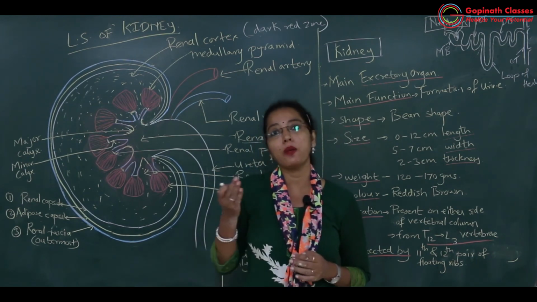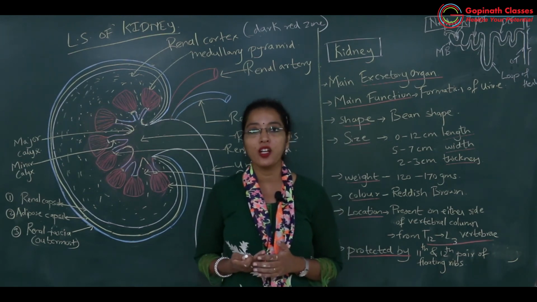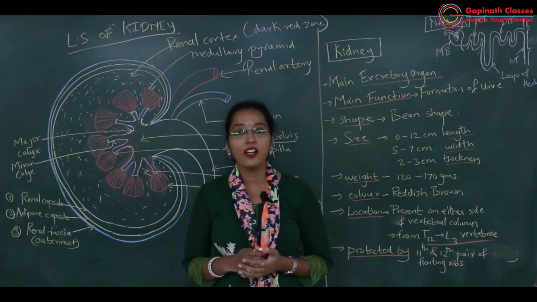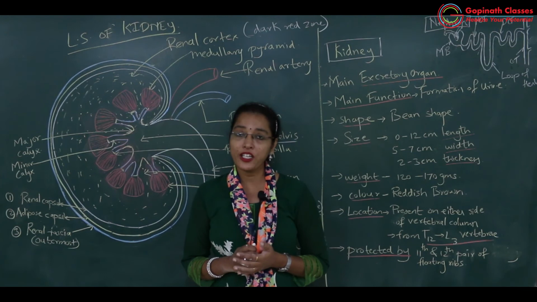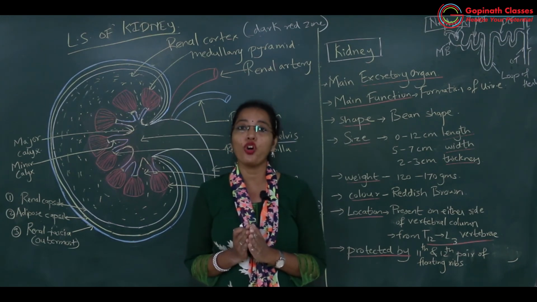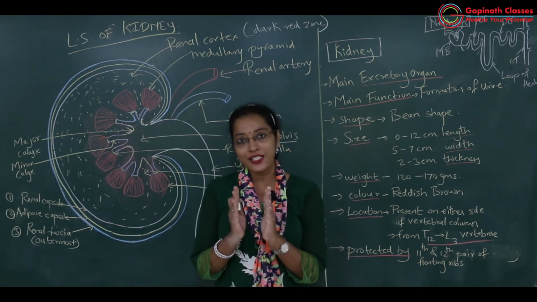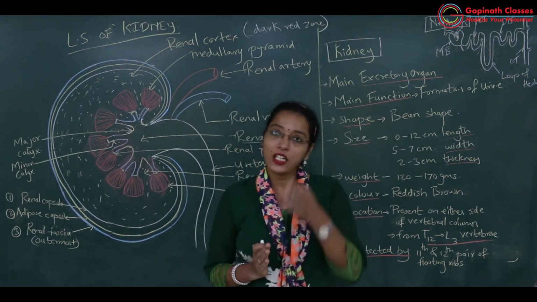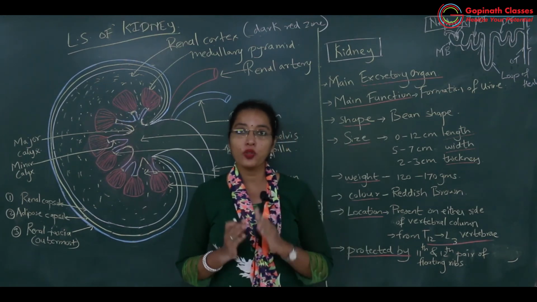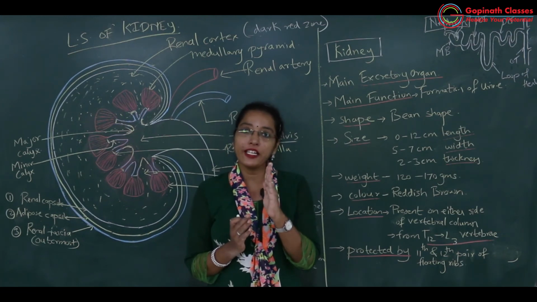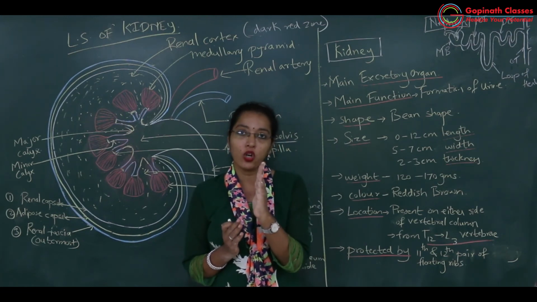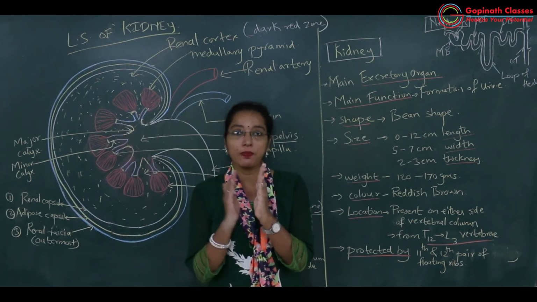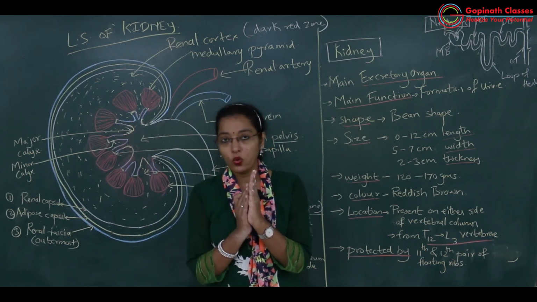Right kidney is slightly lower in position than left kidney because on right side liver is present. Similarly you have to remember the position of the kidneys as far as midline is concerned. In the center is the vertebral column. So remember one thing, left kidney is close to the vertebral column, and right kidney is at a little distance from the vertebral column. Okay, got it?